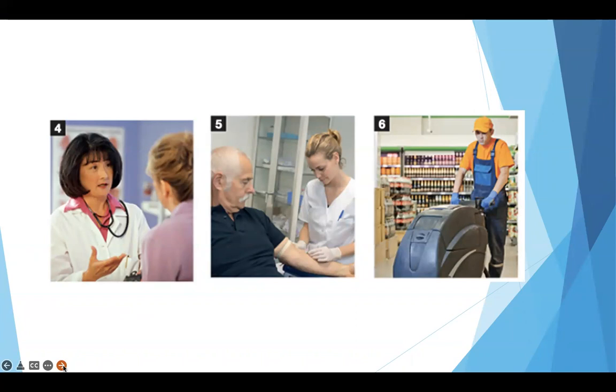All right, we'll go back for the answers. These 3 pictures show people that work in a hospital. Picture 4 shows a doctor. The woman in picture 5 works as a nurse. And the man in picture 6 is a custodian.